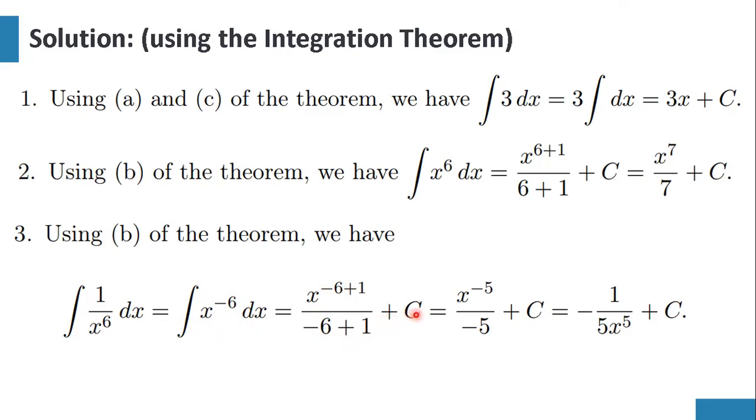As we simplify, that's equal to x raised to the power of negative 5 over negative 5 plus c. We rewrite our function as the negative of 1 all over 5x raised to the power of 5 plus c. This is our final answer.